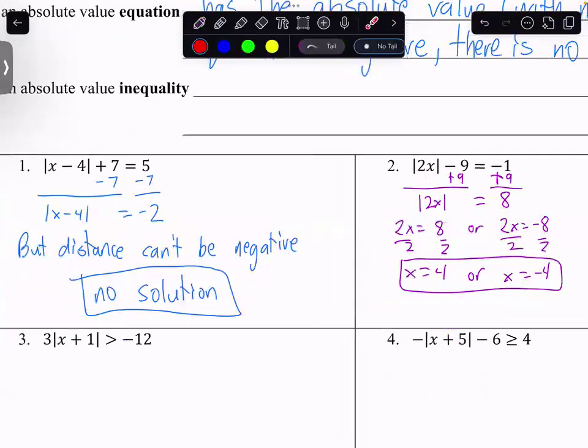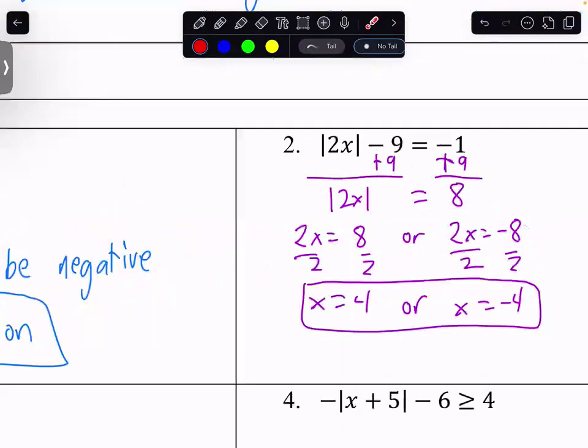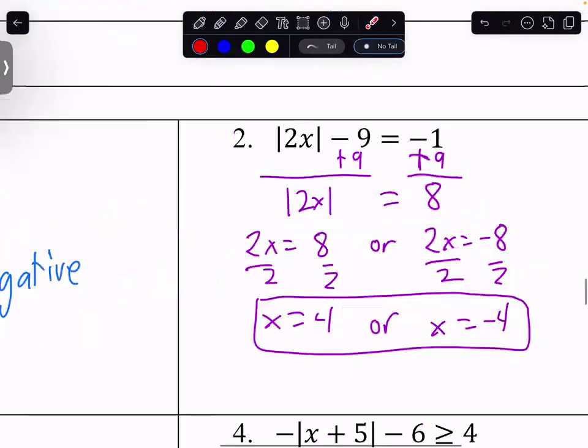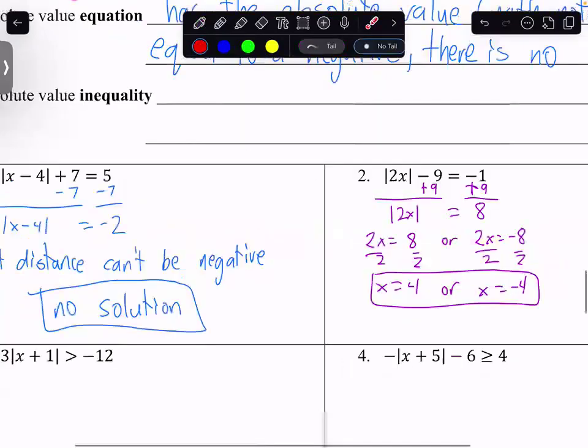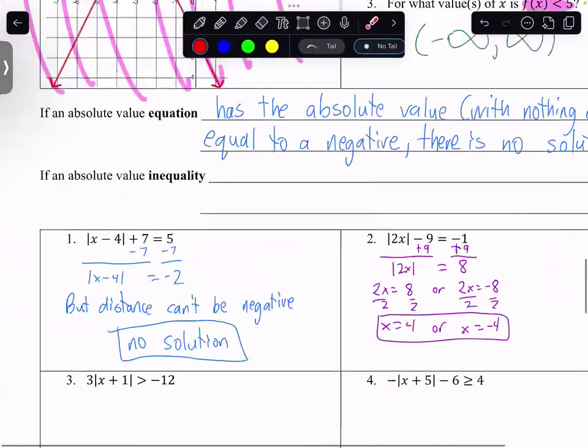Okay, so again, don't check for the negative on the other side until the absolute value is by itself, meaning nothing in front and nothing behind. Okay, so that's the equation part.